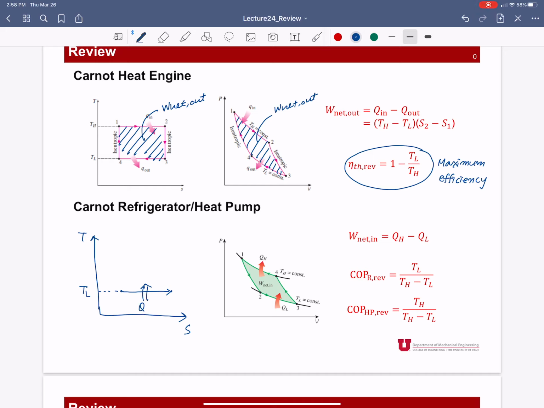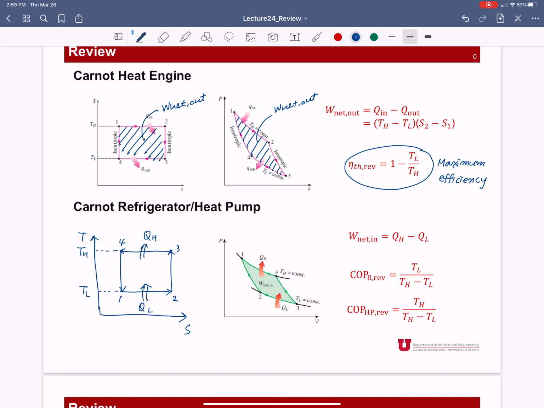Let's say that is QL from 1 to 2. Then we have the isentropic compression process 2 to 3. And we have the isothermal reversible heat rejection process at the higher temperature. So we have rejection of heat to the warm environment, and there's 4 at TH. Then we have the isentropic reversible expansion process from 4 to 1.